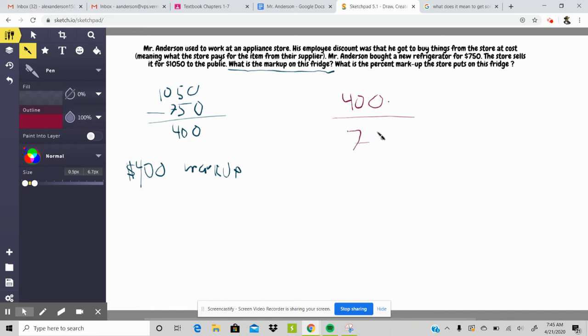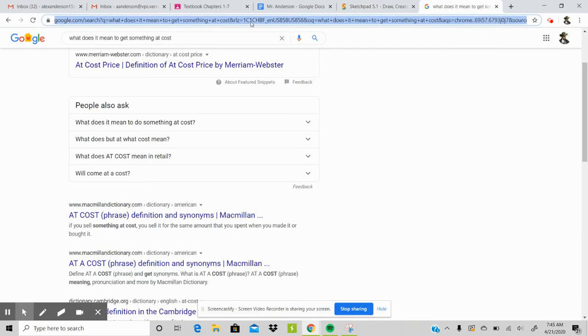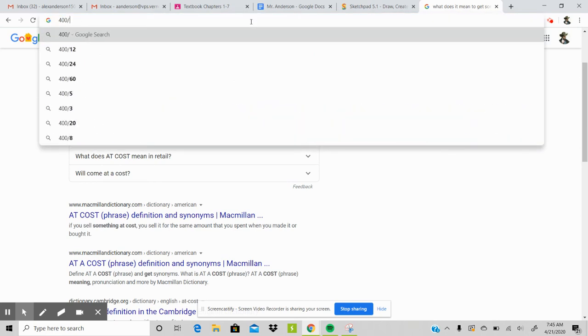Sorry, I think the last few sentences I said were kind of jumbled. So remember, the formula for percent increase or decrease is the amount it changed from the original to the new, which was $400, over the original, and that will help us figure out what that percent increase was. So if I go 400 divided by 750, it's not a very nice decimal, so I'm going to do it in the calculator. So 400 divided by 750.